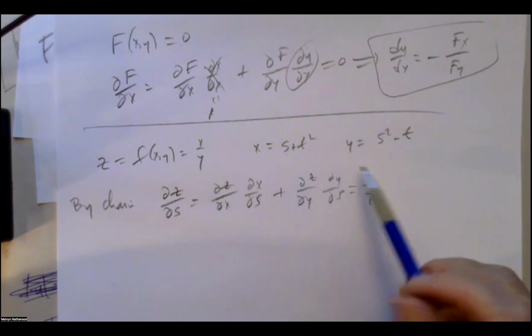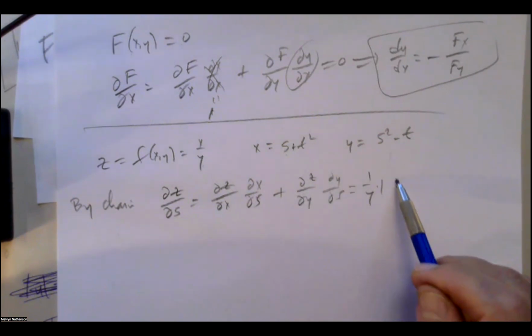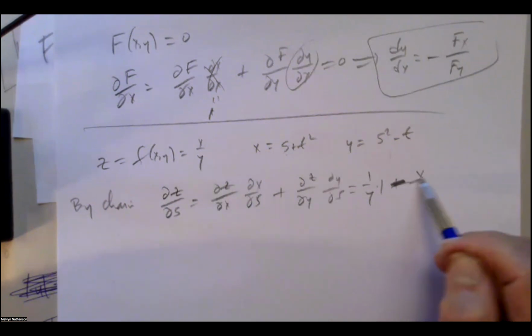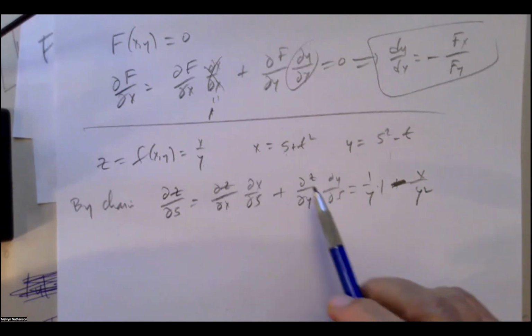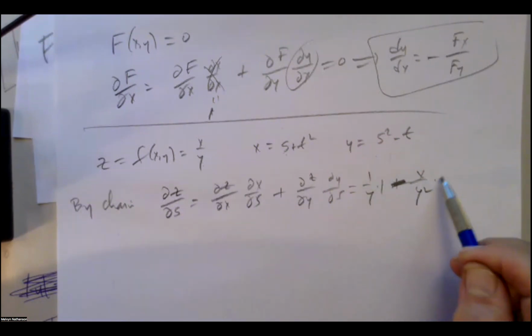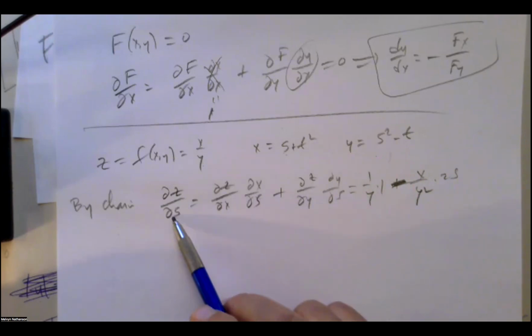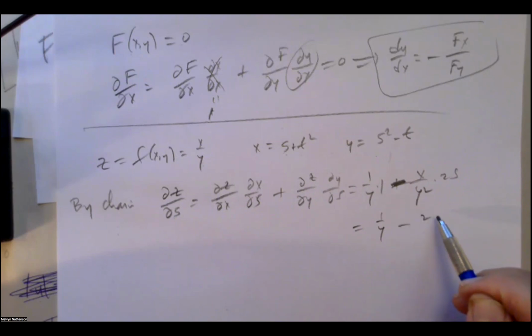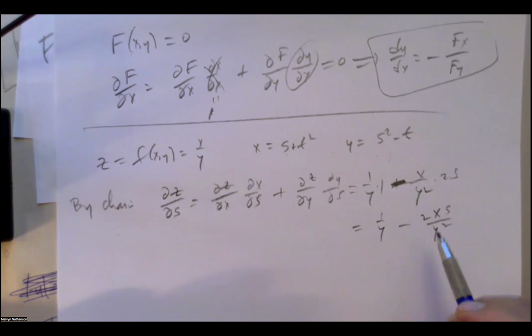Partial of x with respect to s is 1. Partial of z with respect to y is minus x over y squared. Partial of y with respect to s is 2s. So the partial of z with respect to s is 1 over y minus 2xs over y squared. Right?